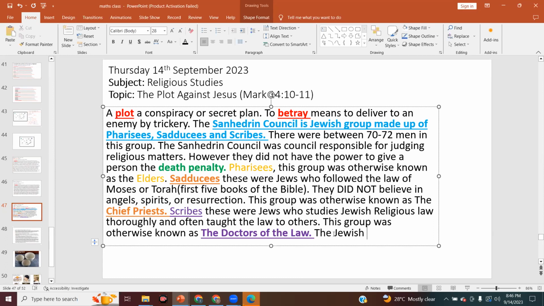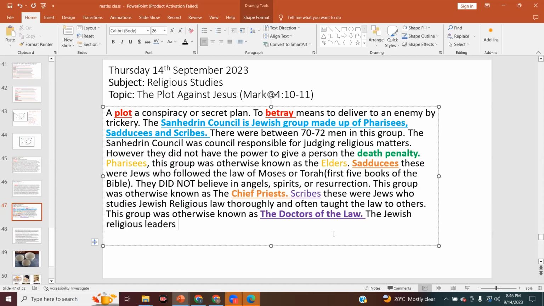So the Jewish religious leaders plotted to have Jesus killed because they were jealous, or envious, of Jesus because Jesus had too much popularity over the people.